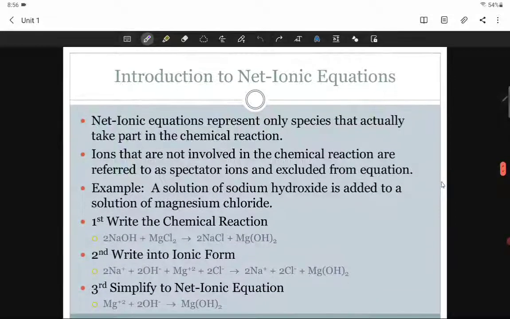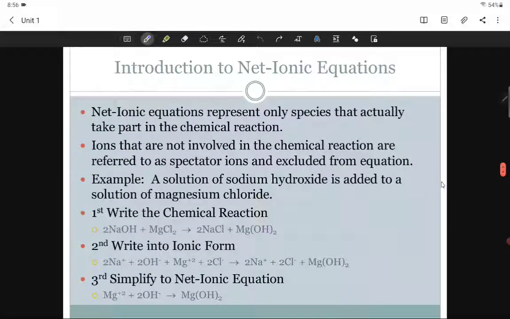Okay, so this is the same thing that's in your summer materials, or something very similar to this. This just gives you an introduction of how to write a Net-Ionic equation. And I think maybe when we first start out, we would start with writing out an entire full chemical reaction.